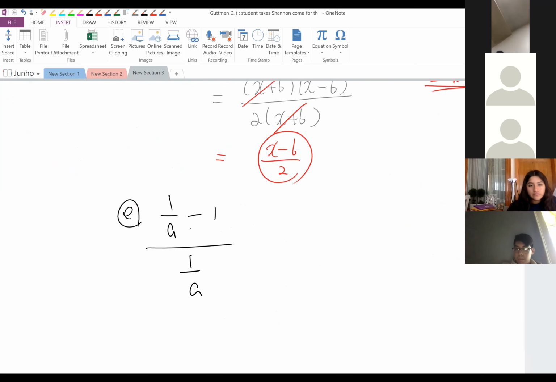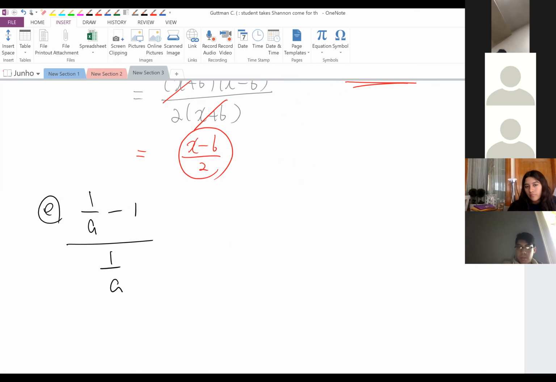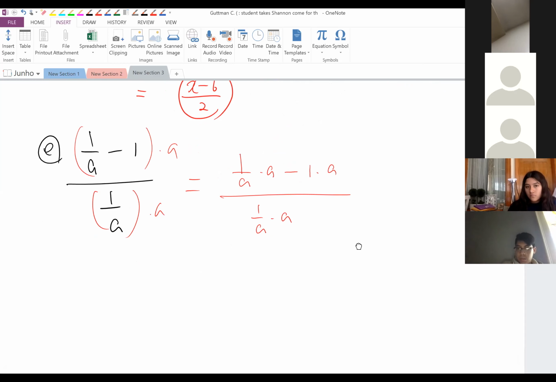But this one is two totally different fractions, binomial fractions. So before combining, I would rather just find the LCD and multiply out. So 1 minus a divided by a. Multiply by a, then it becomes (1 over a minus 1) times a over (1 over a) times a. Therefore, this becomes 1 minus a over 1, which means 1 minus a.